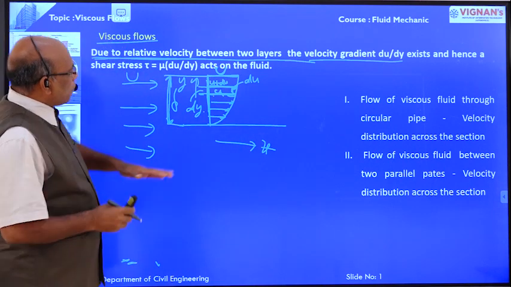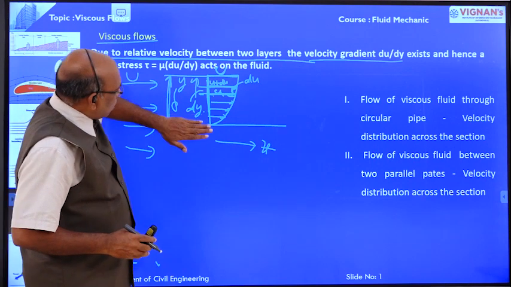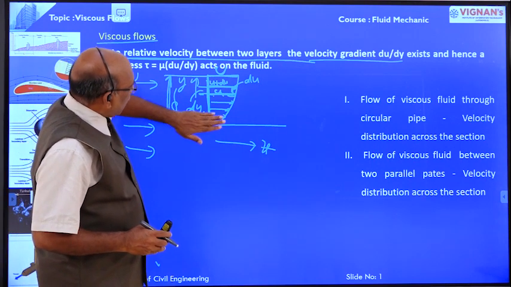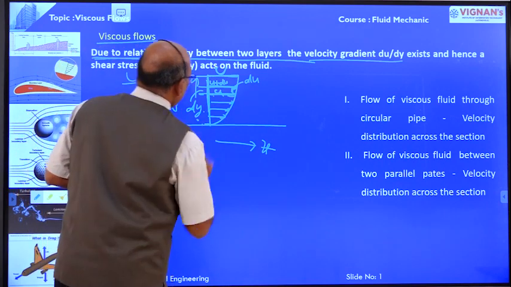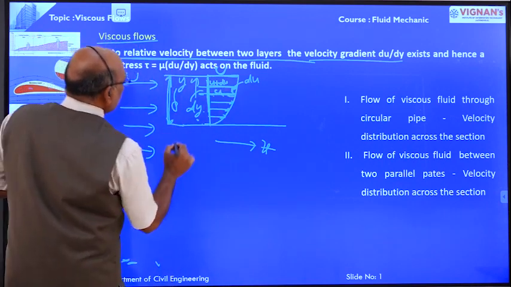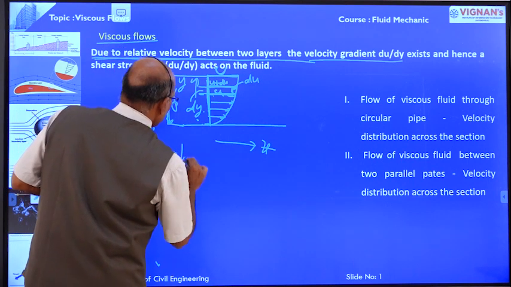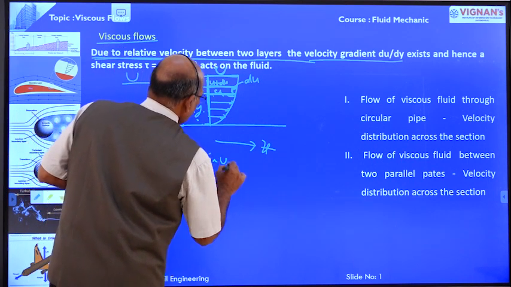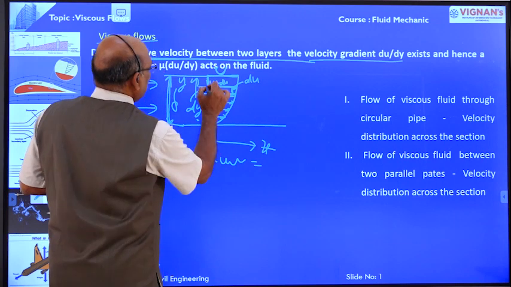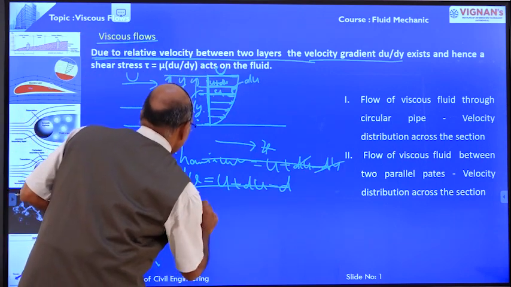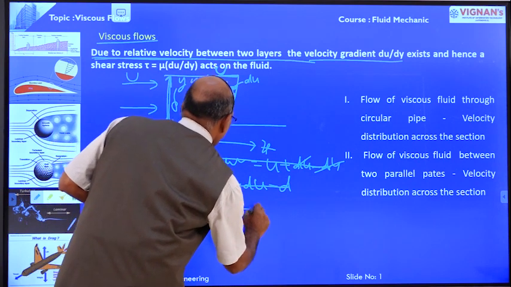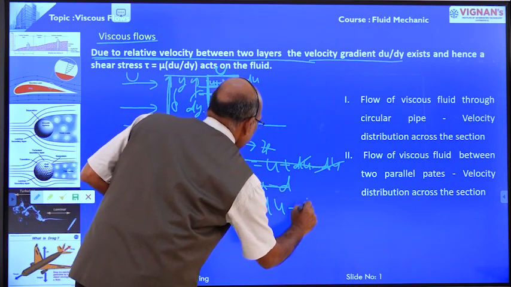Because the velocity is 0 over the plate and gradually increases, there is a velocity gradient. Now, the change in velocity du is equal to u plus du minus u.